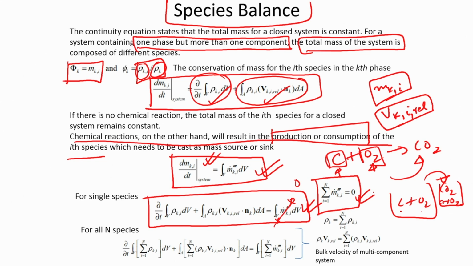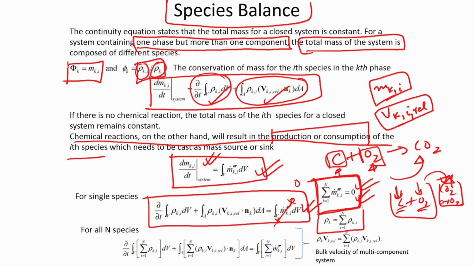So, say for example, here the mass of C and the mass of O2 may be coming down, but the mass of CO2 actually increases. So, here what we can see is that the total rate of production or consumption of mass is basically 0.